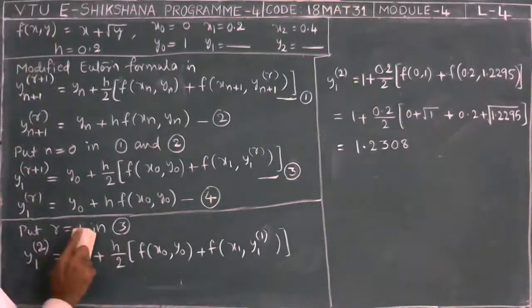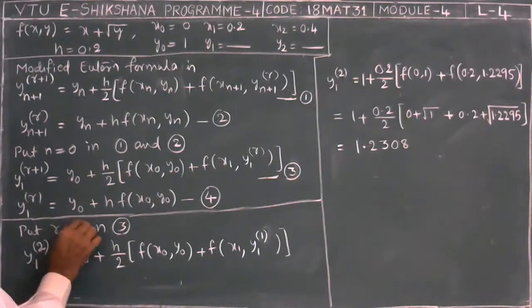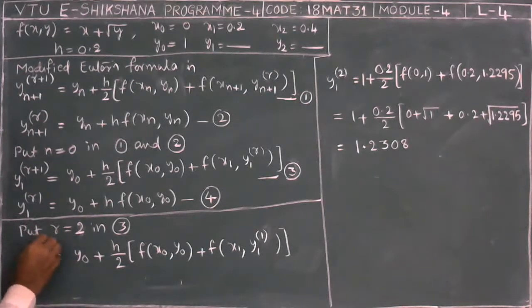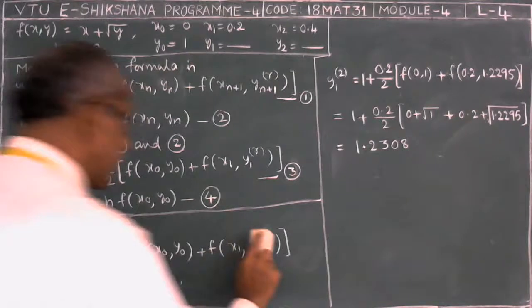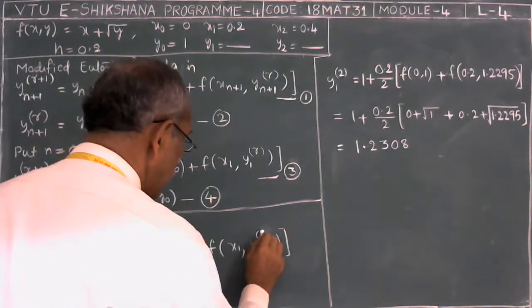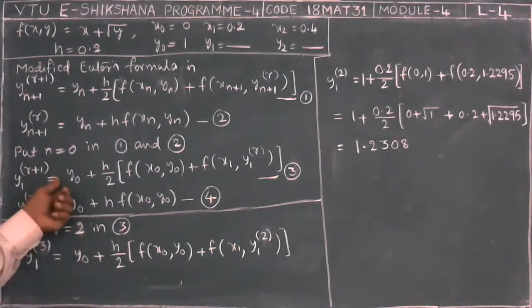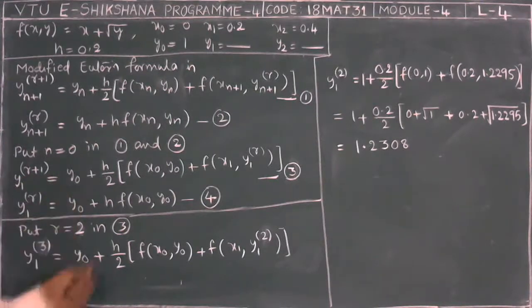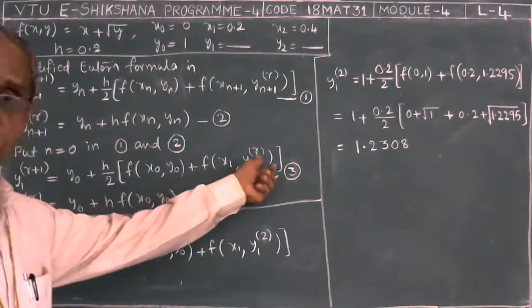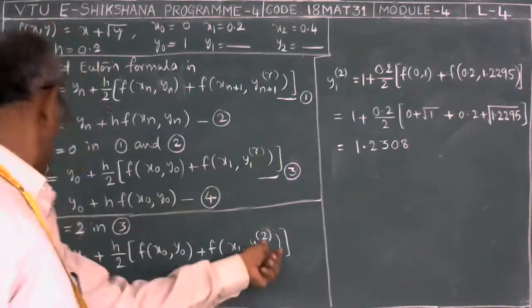The third iteration you get by fixing r is equal to 2 in 3. So r plus 1, 2 plus 1 is 3. Only the value of r is changing here; r is 2.